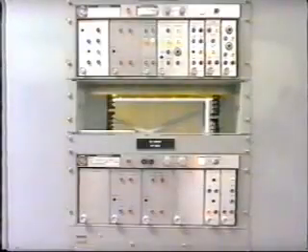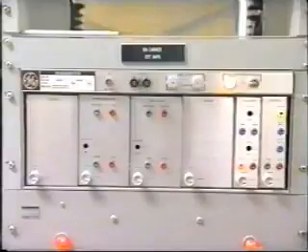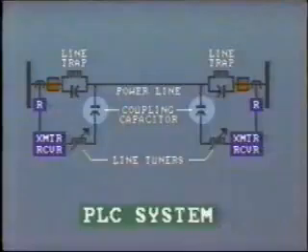Now let's look at transmitting and receiving. The carrier signal is generated in the transmitter, and this itself is triggered by the protective relaying scheme. In order to inject the high-frequency signal into the high-voltage power line, a coupling capacitor is used.